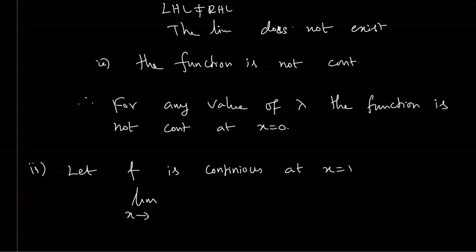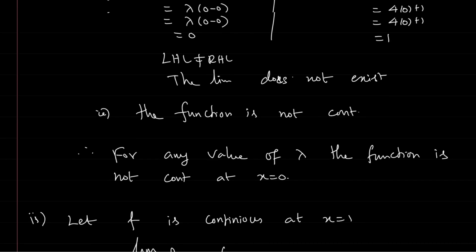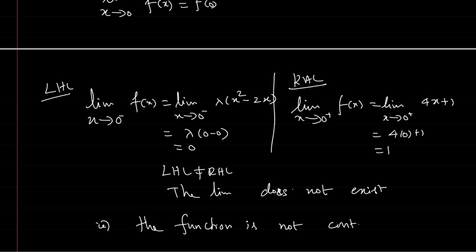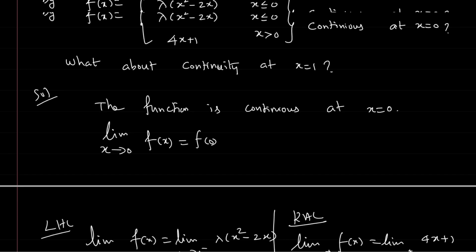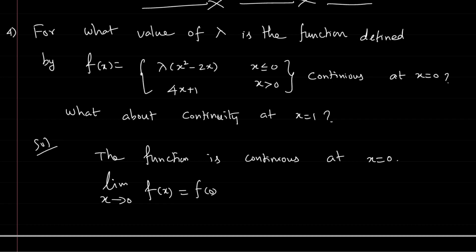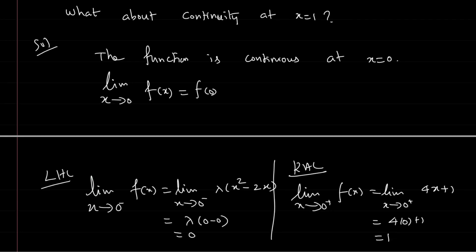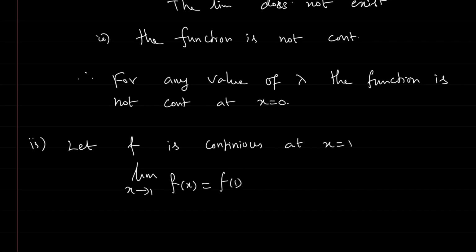Therefore, limit x tends to 1, f of x equal to f of 1. See here, 1 is always greater than 0, therefore there is no need to find the left hand side and right hand side, because it will always take the function 4x plus 1.